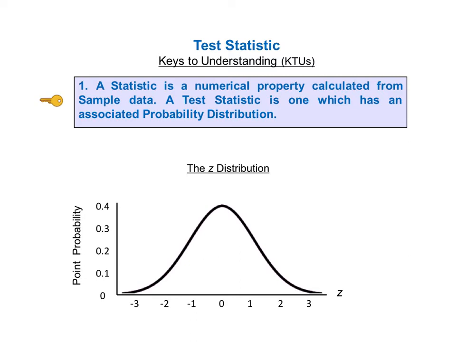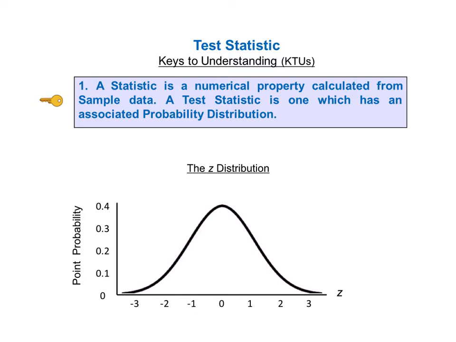For example, this is the probability distribution for the test statistic Z. It happens to be the standard normal distribution. That is, the normal distribution with a mean of 0 and a standard deviation of 1. For any value of Z, we can find the point probability of that value.